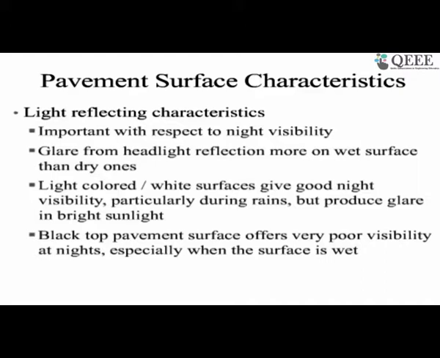And nowadays these paints come with small glass beads to make them retroreflective, so that when light falls on them it reflects back and gives you an idea where the pavement edge is, what the lane is and so forth, and makes the road safe.